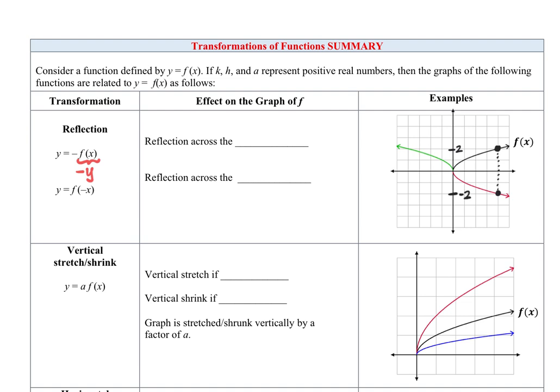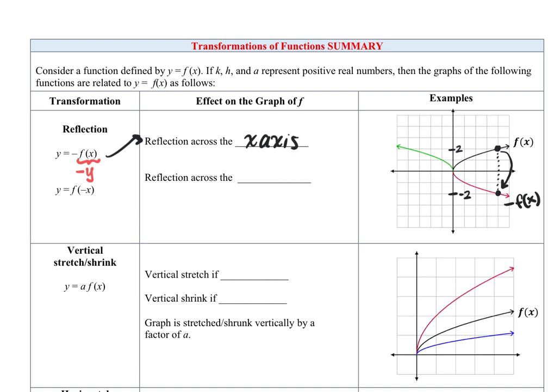So notice, to go from this black graph to this red graph, we just jumped across the x-axis. In other words, that is going to be a reflection across the x-axis. So when we multiply our y values by a -1, that means we have a negative f of x. That's going to cause a reflection across the x-axis.